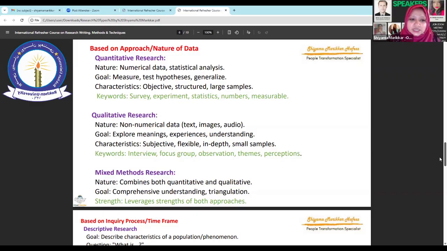Qualitative research, in the meantime, means non-numerical data. We use text, images, audios, those things. So their goal would be to explore the meanings or experiences or understanding of people. We are getting people's, maybe could be opinions. For example, we say that your research is in business.